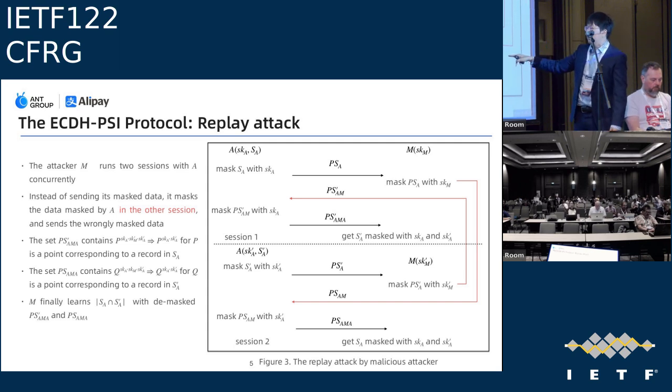In the second session, the attacker will finally obtain the set PSAMA, which contains points Q masked by SK and SK prime, where Q is a point corresponding to a record in SA prime. Finally, M will learn the cardinality of the intersection between SA and SA prime by demasking the PSAMA prime and the PSAMA.